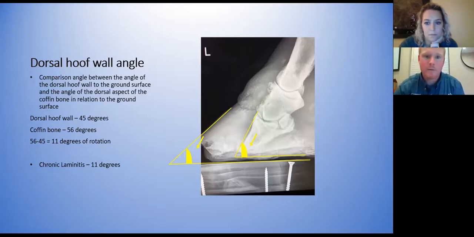Unfortunately, chronic abscesses can make the lamina, which is the dorsal aspect of the horse's hoof, become very fibrotic, and then it'll give way and these horses can rotate. So knowing this angle is important, because you can track the angle of your horse's hoof when you start to de-rotate these horses and manage them with chronic laminitis.